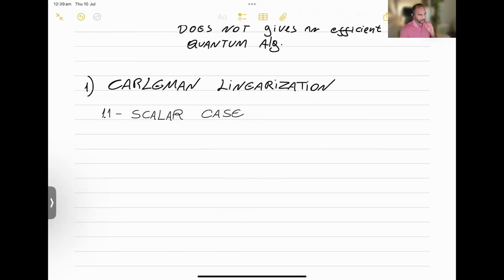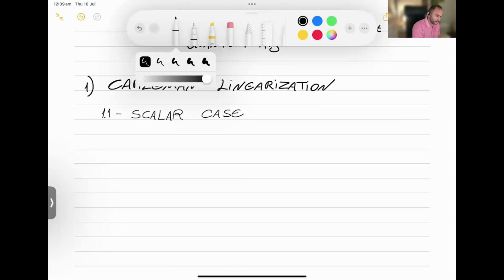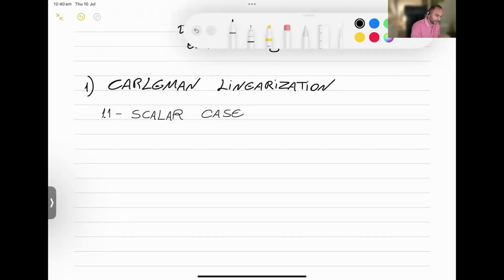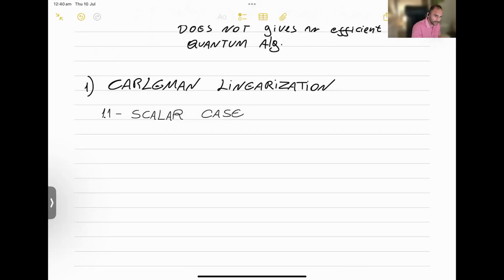I'm going to go step by step, as I said, showing the problem that we have and how the linearization works. So suppose you are dealing with the following scalar nonlinear ODE.